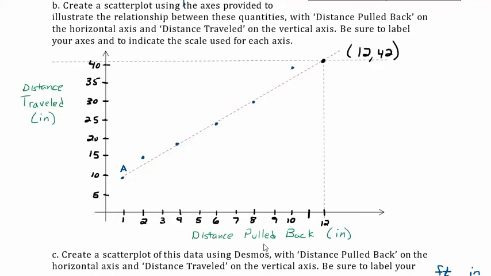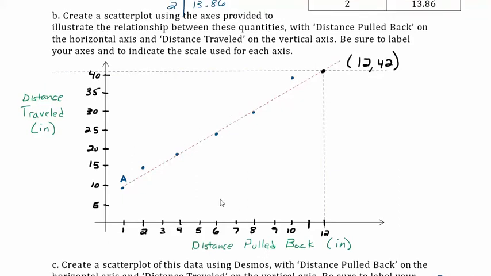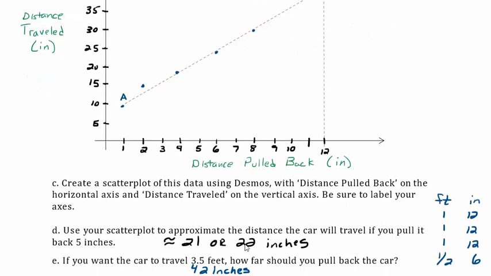We're going to see some situations where you could really do it either way, but there are many, many circumstances where one variable is the obvious choice to be the independent variable. This is what's changing. This is what's being manipulated, right? We're changing or manipulating how far we pull the car back, and the distance that it travels depends on how far we pull the car back.